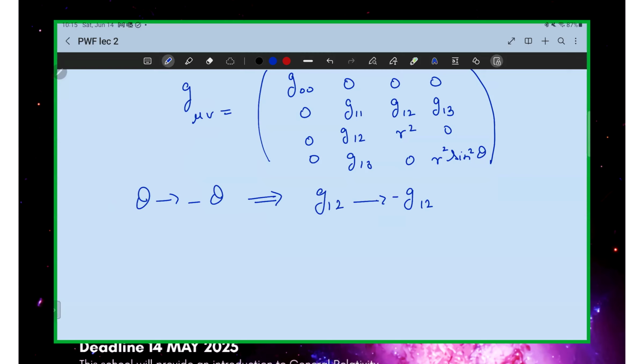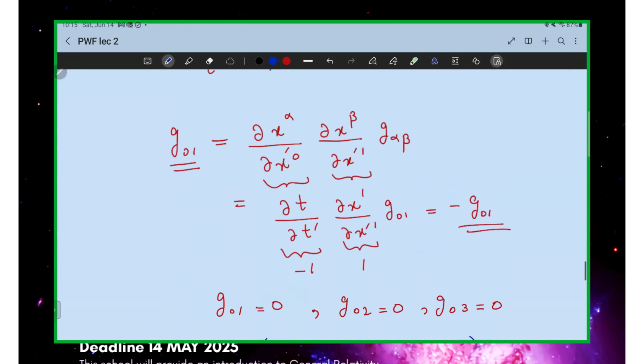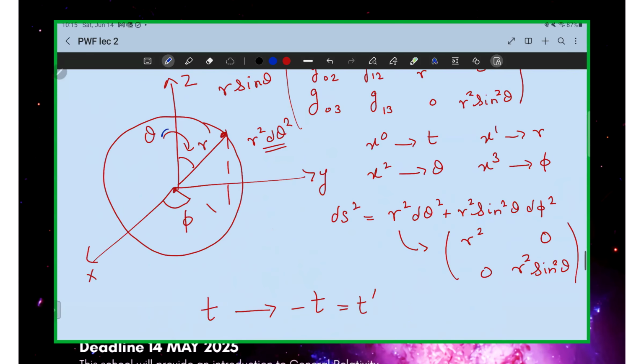If you change theta to negative theta, and if I remind you, theta is this angle, which means that now you are measuring from the bottom, not measuring from the top. That should not change the metric tensor because the metric here should be the same as the metric anywhere here.